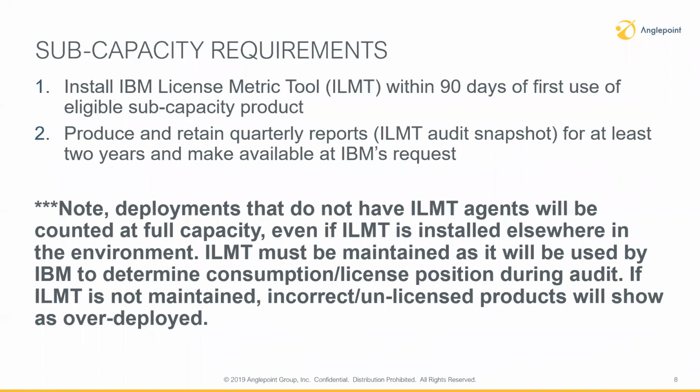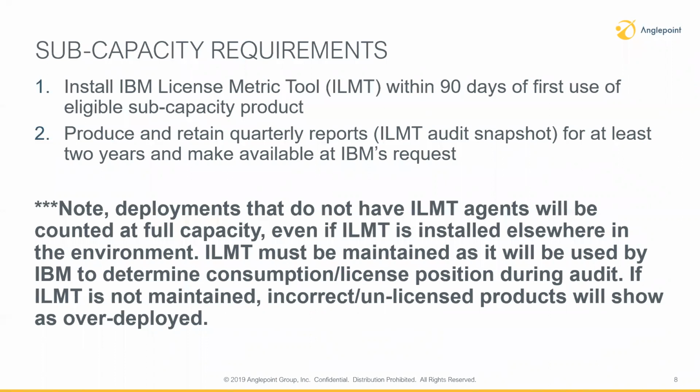So it sees the components and assigns those components to a licensable product. For instance, if it sees DB2 on a box, it's going to take that DB2 and assign it to some kind of licensable product. Oftentimes, the default assignment made by ILMT is incorrect. It's essentially its best guess.